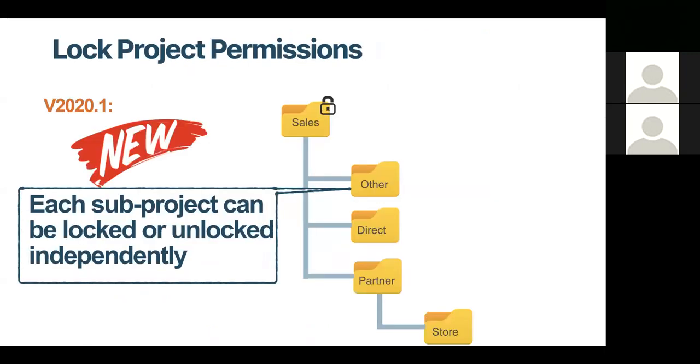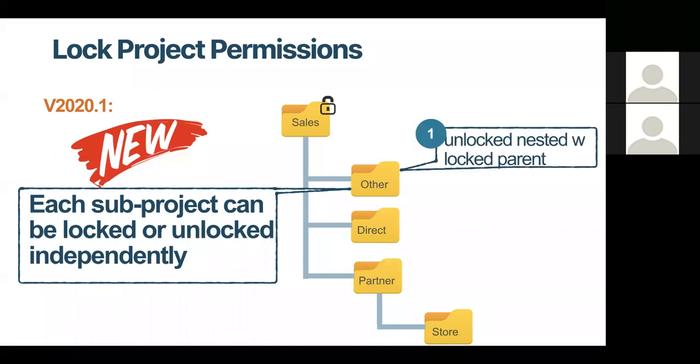How does this work? Now, with 20.1, each sub-project can be locked or unlocked independently. Again, I repeat, each sub-project can be locked or unlocked independently. What it means? I'll give you 3 scenarios here. One is even if the top level sales project is locked, the sub project other can be unlocked.